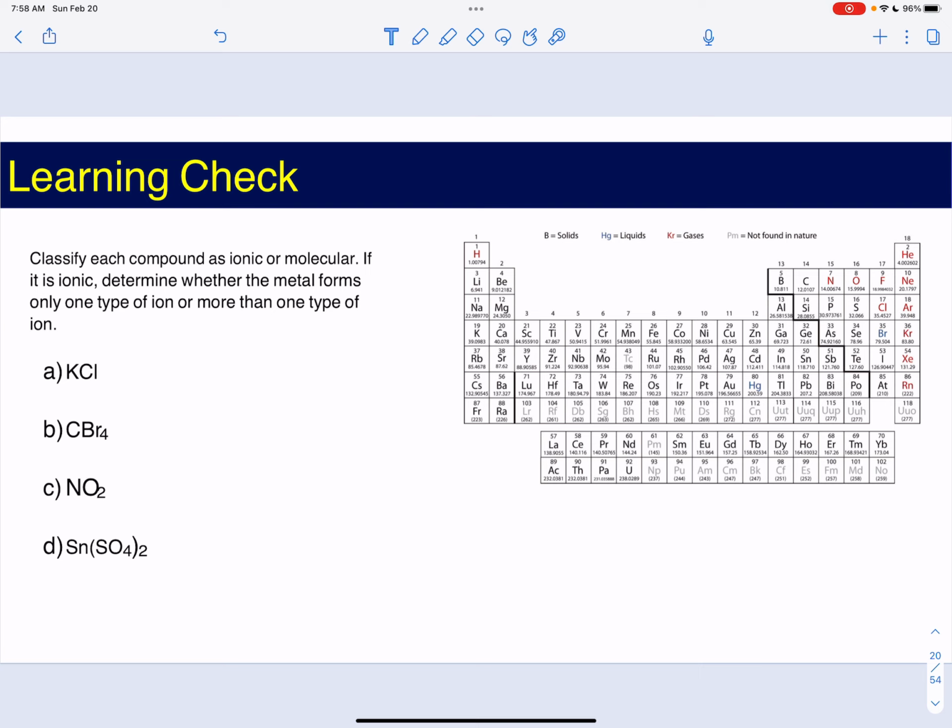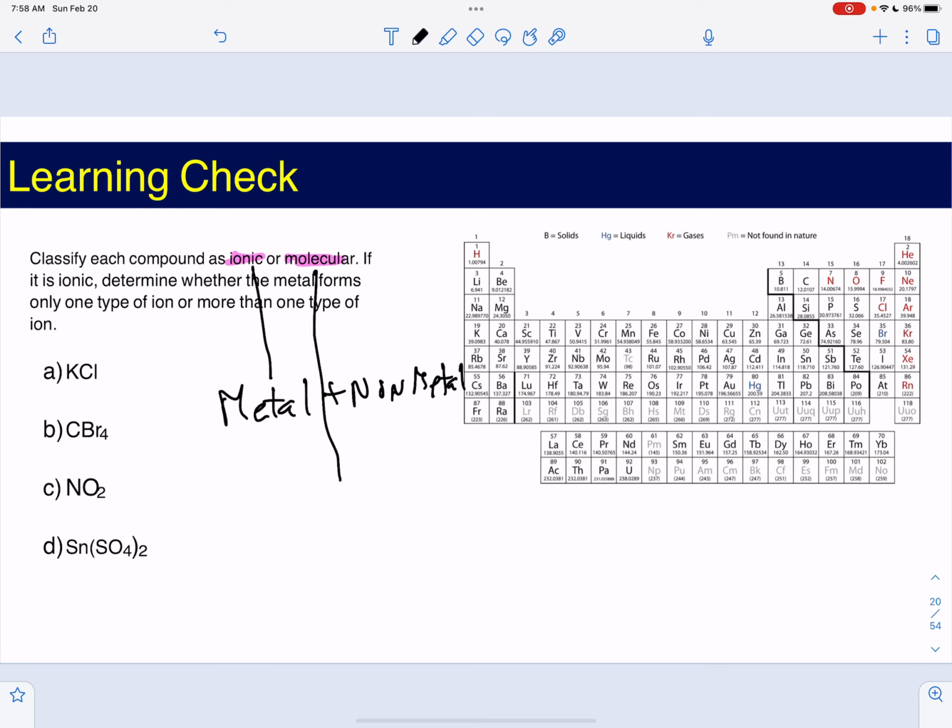Classify each compound as ionic or molecular. Quick review. Ionic is going to be a metal combined with a non-metal. A molecular compound is going to be a non-metal combined with a non-metal.